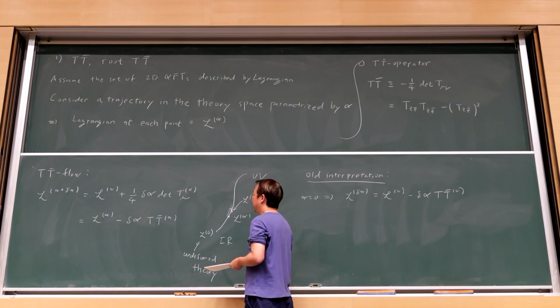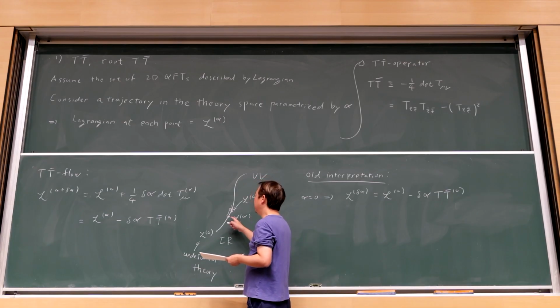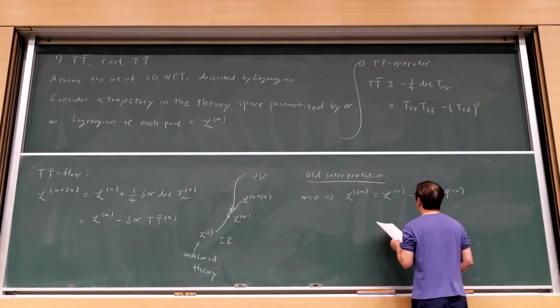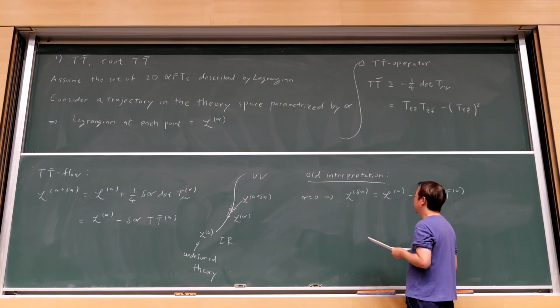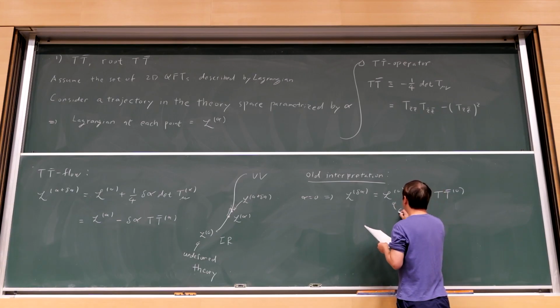But nowadays, according to the new interpretation of TT bar flow, the definition starts from the intermediate point, L alpha. In the original proposal by Zamolodchikov, this L0 was a CFT.